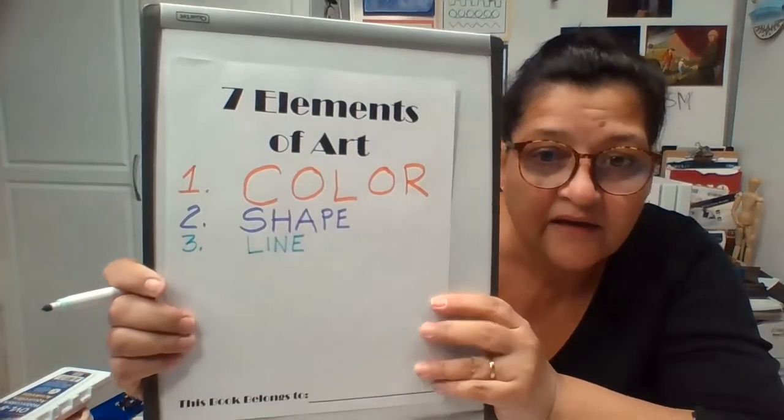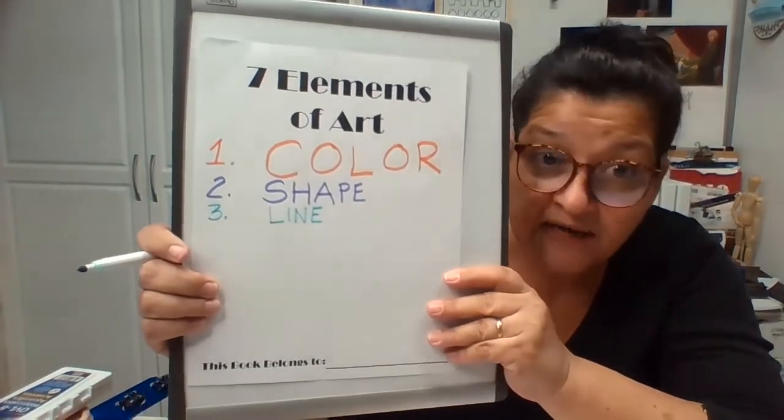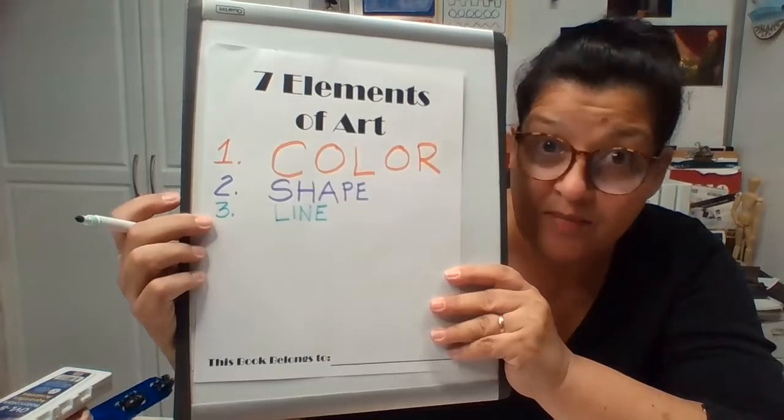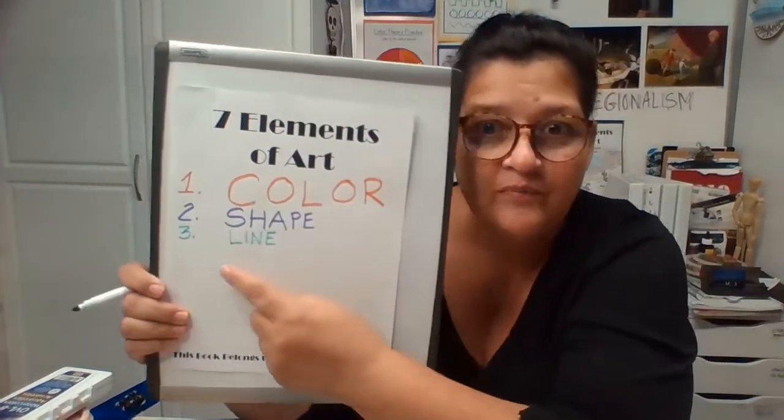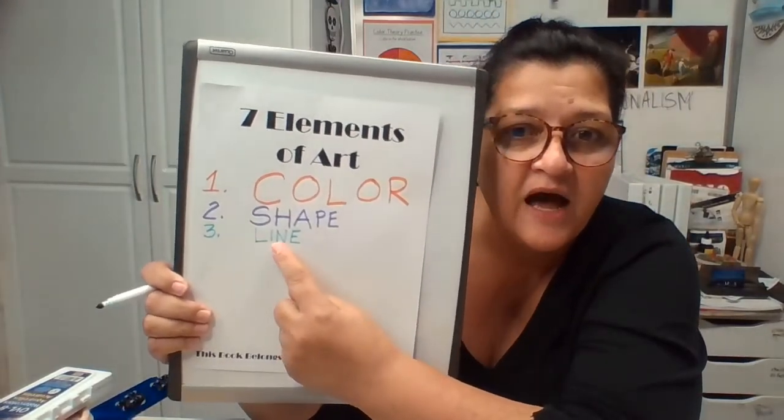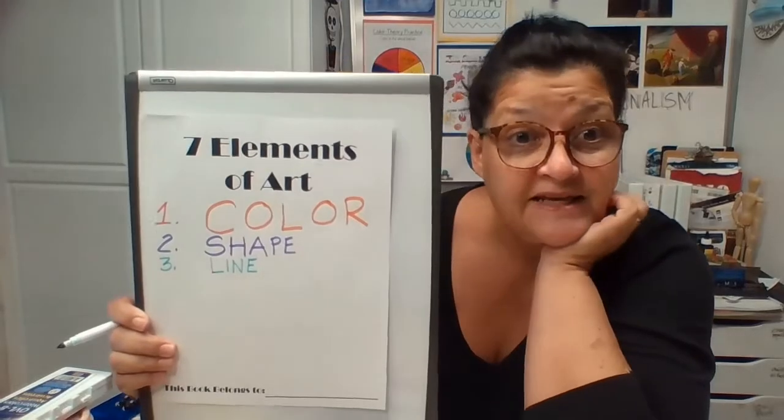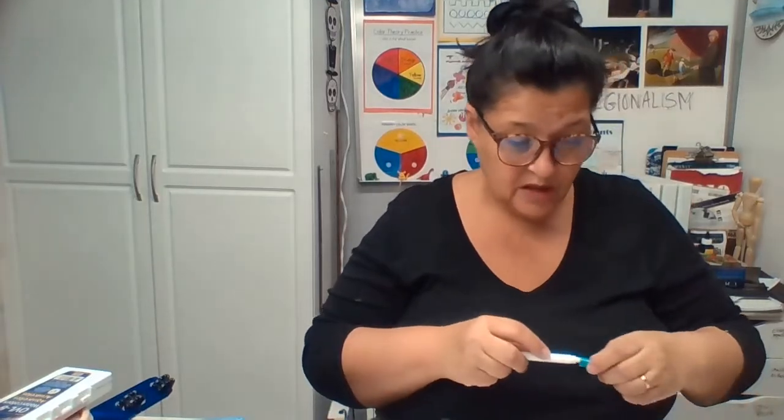And that is line. We use a line to create our shapes. Am I right? I think so. Line. L-I-N-E. That's element number 3. I'm going to pick a new color while you write the word line.